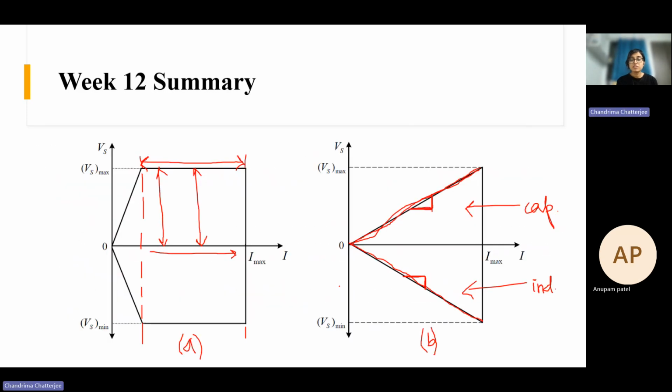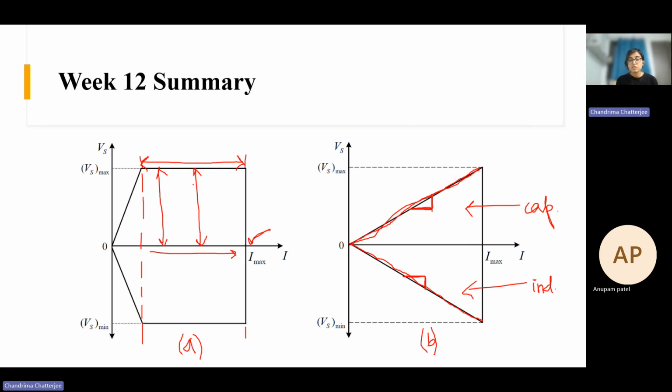It has two different control characteristics: voltage control mode and reactance control mode. In voltage control mode, the voltage injected by the compensator is independent of the line current, no matter what the line current is, though obviously it is restricted by the rating, the specifications, or the safe operating area.